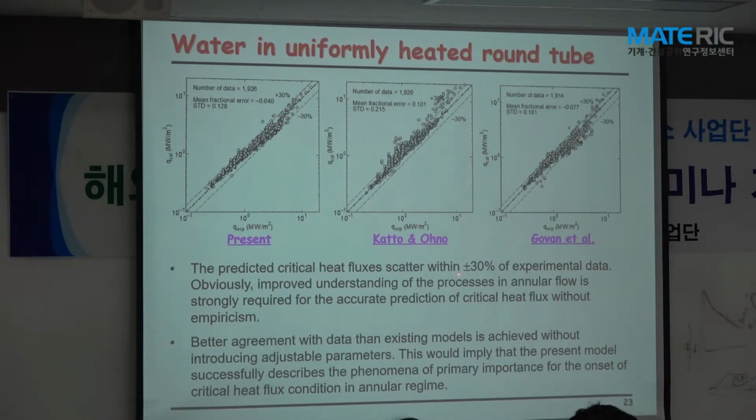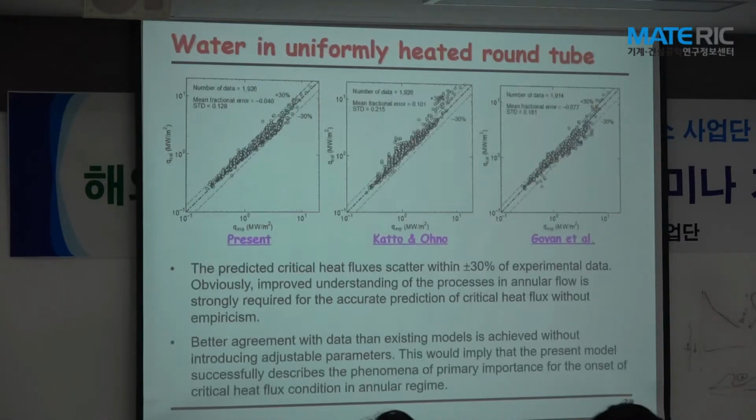The prediction scatter is approximately plus minus 30%, a little bit better than the previous one. So I think many physics are included in the occurrence of liquid film dryout, but the main physics may be reasonably reproduced by my model, I think. Okay.